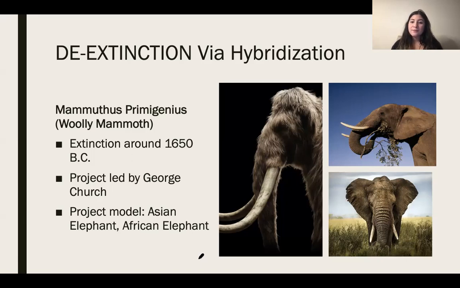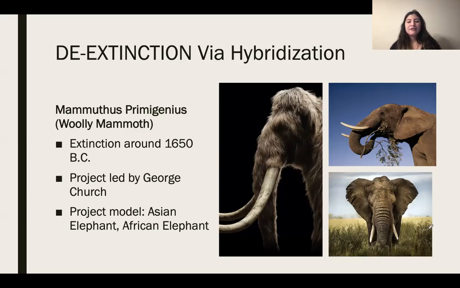So, following on with more details about the project itself, the project model is the Asian elephant, being one of the closest related species to the woolly mammoth, and the African elephant is the surrogate for this project. With that being said, a hybrid Asian woolly mammoth embryo is going to be implanted into a healthy African elephant surrogate.